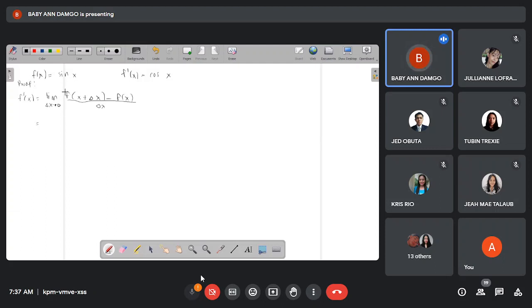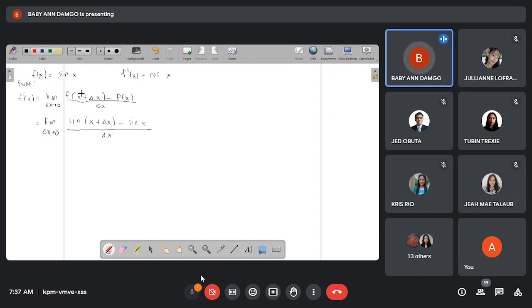Okay, so from here, we need to evaluate f of x plus the change of x given that your f of x is equal to sine x. So, isa man na buhaton. So, i-substitute ra ang sa x ang x plus the change of x. So, this is sine of x plus change of x minus sine x all over the change of x, as the change of x approaches 0.